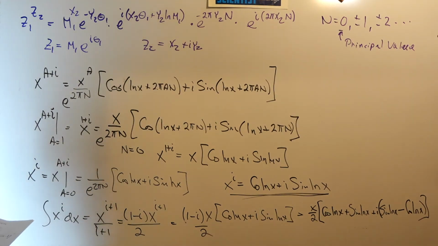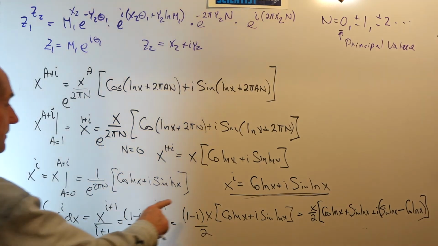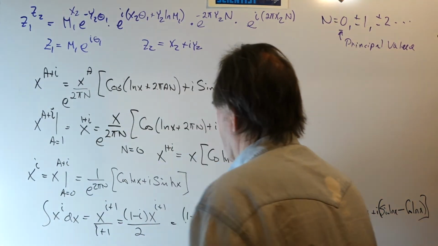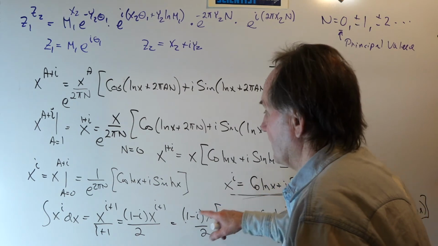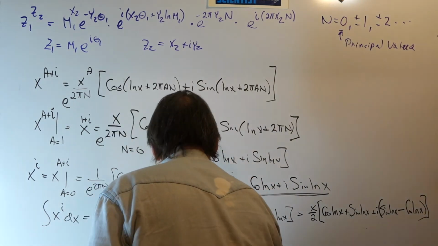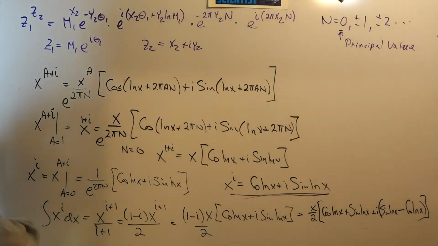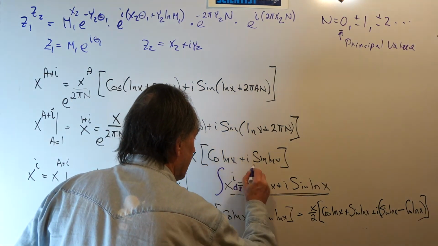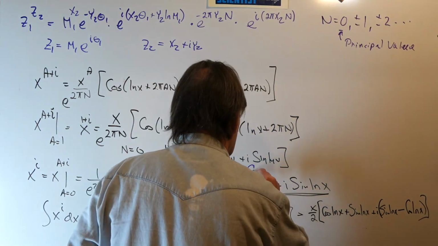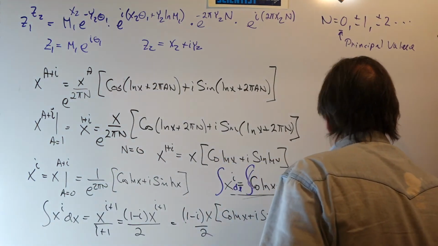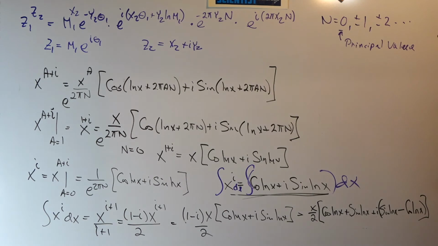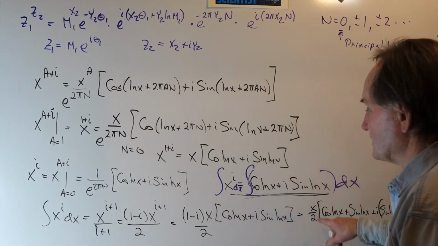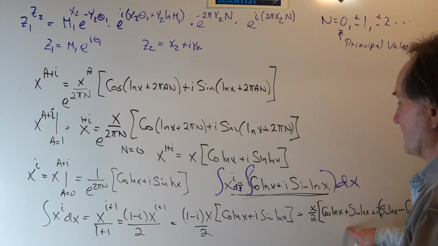imaginary and real parts. Remember, we're integrating x to the I with respect to x, so if we integrate this with respect to x, we're integrating this portion with respect to x. So this is going to be equal to this.